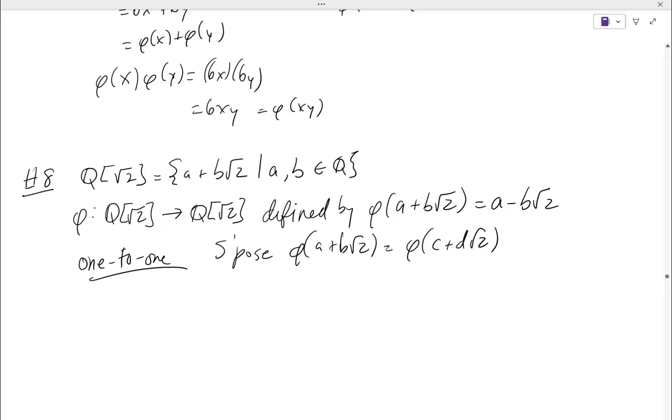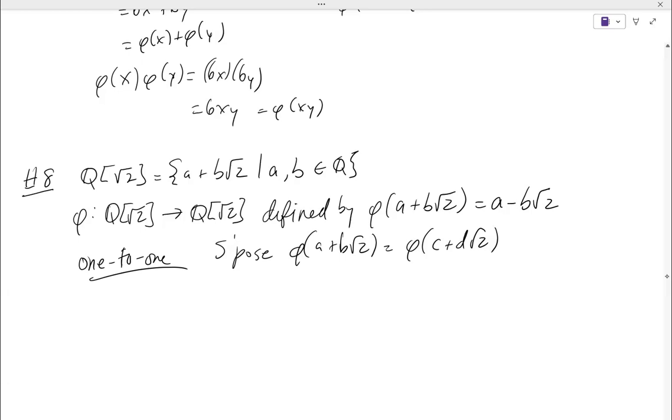Inputs are the same, right? So if I start with phi of a plus b root 2 equals phi of c plus d root 2, our very last line better be what? If I start with f of x equals f of y, my last line needs to be, for showing one-to-one, x is equal to y, right? So my very last line should be a plus b root 2 equals c plus d root 2. So that'd be one-to-one, right?